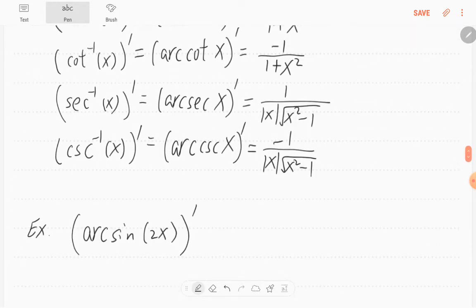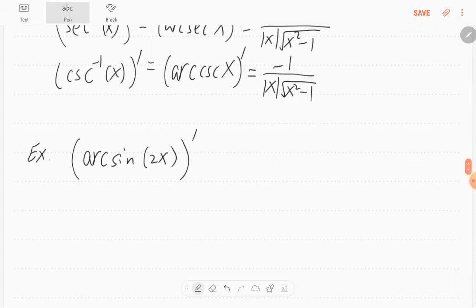But for arc sine of 2x, the derivative is not just 1 over square root of 1 minus x squared. It's actually a composite function, arc sine composed with 2x. The outside function would be the arc sine.